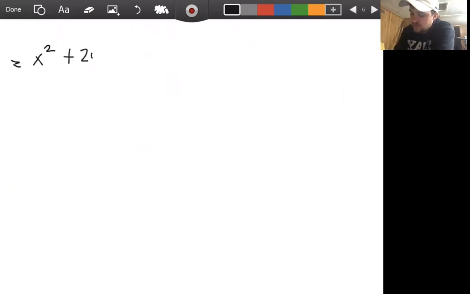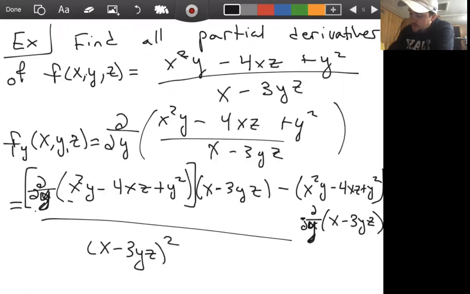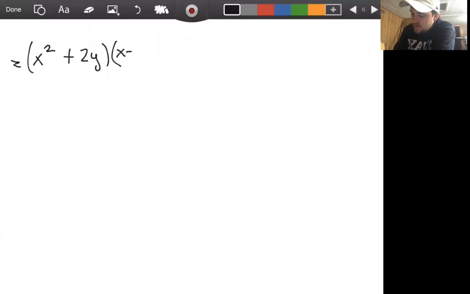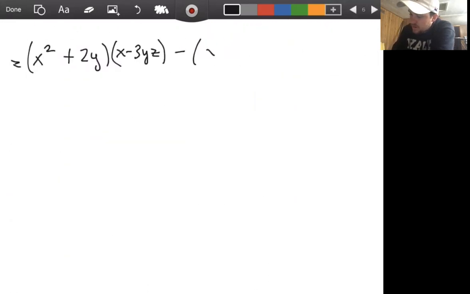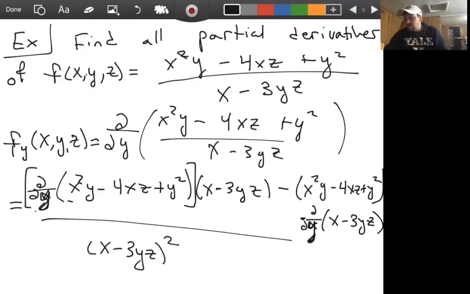So we have x squared plus 2y times x minus 3yz, minus the numerator, x squared y minus 4xz plus y squared, times the derivative of x minus 3yz with respect to y.